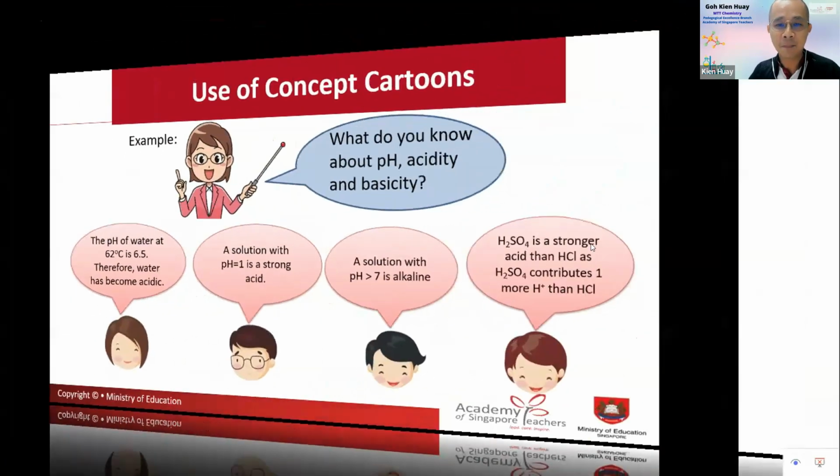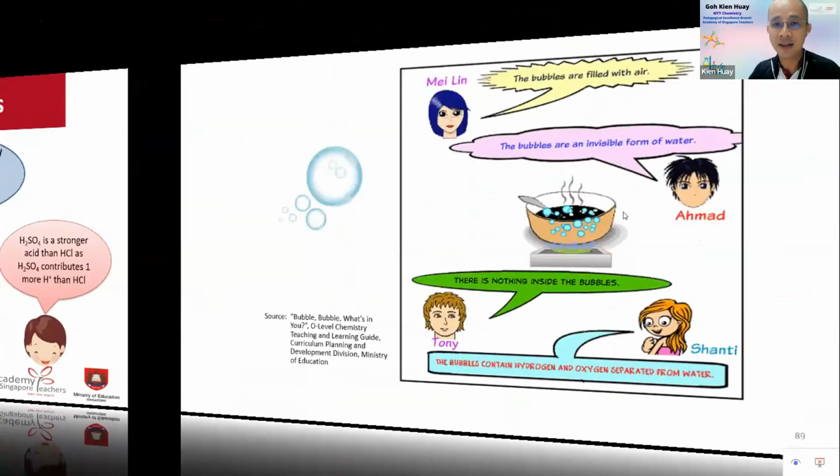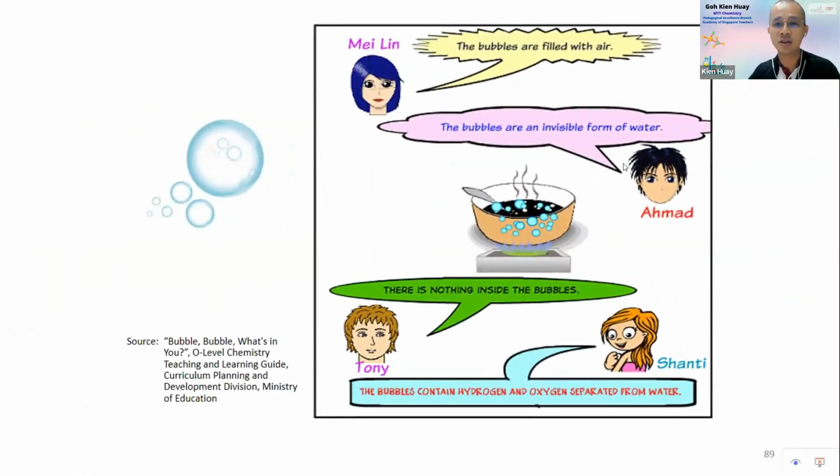Another example could be getting the students to look at this bubble and ask themselves, what exactly is it? Student A could say the bubbles are filled with air. Student B, Ahmad, could say that the bubbles are an invisible form of water. Tony may say there's nothing inside the bubble, or Shanti could say the bubble contains hydrogen and oxygen separated from water.